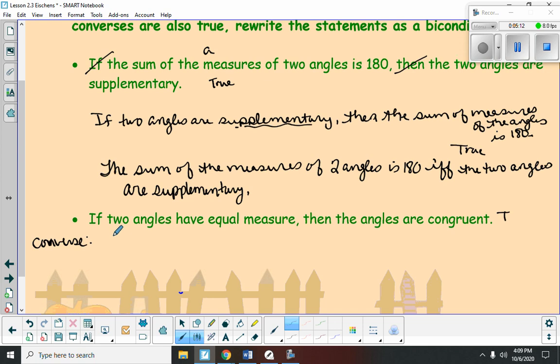So we will flip the A and the B. So if two angles are congruent, then they have equal measure.